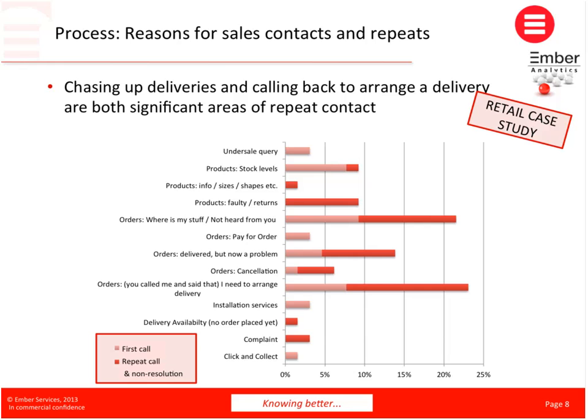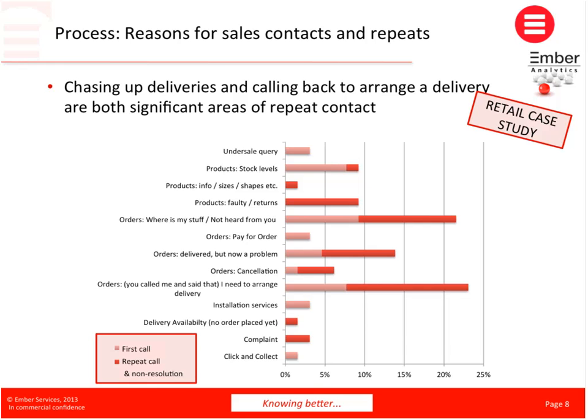The second largest is where's my stuff? I've not heard from you. So again, here it's process failure, it's quality of communication, and those aspects that need to be tightened up. And there are others around stock levels and returns, which could be automated.